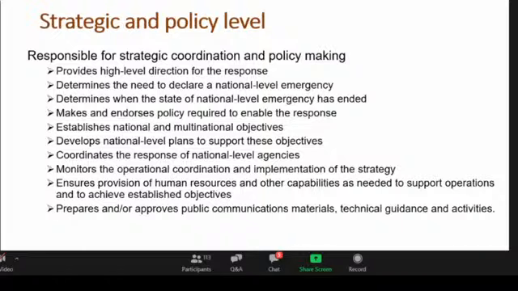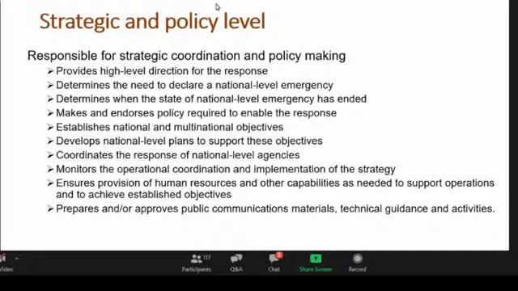Sorry, a bit slow. At the strategic and public policy level, these are the responsibilities. So at this level, in the Conops, we define what their responsibility is.